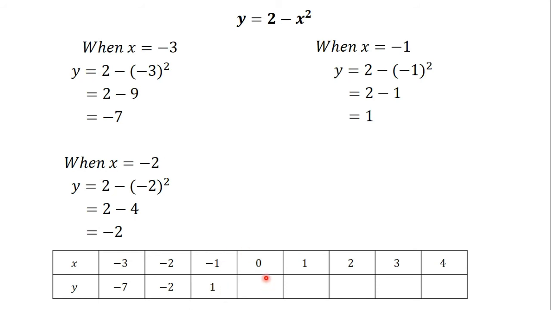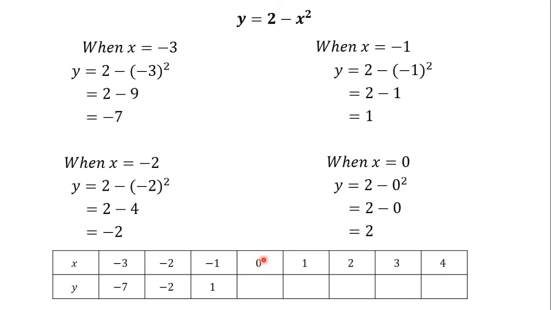The next x value is 0. When x is equal to 0, y will be equal to 2 minus 0 squared. 0 is not a negative number, so you can choose to put it in a bracket or not. So y is equal to 2 minus 0 squared. 0 squared is 0, so we have y is equal to 2 minus 0, and 2 minus 0 will give us 2.